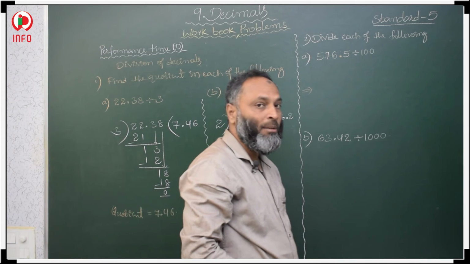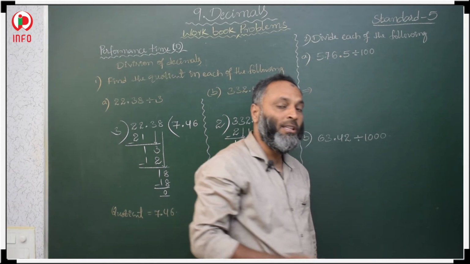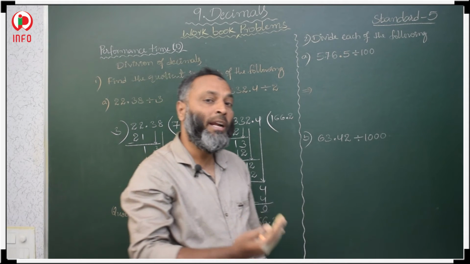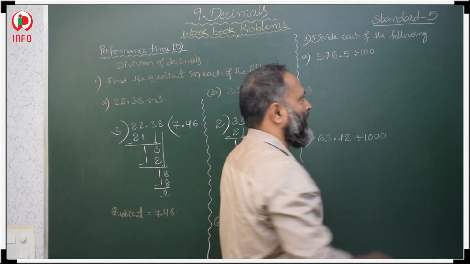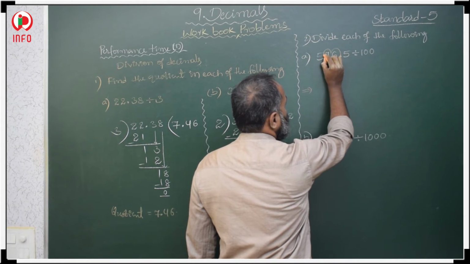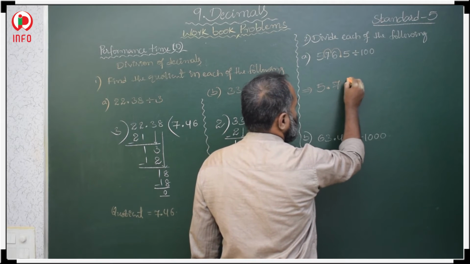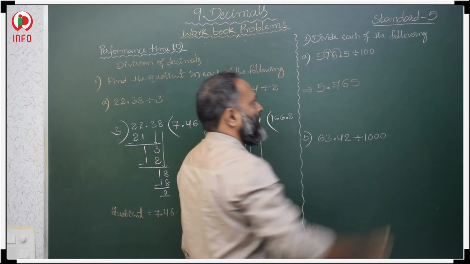In multiplication, the decimal places move left to right. In division, the decimal places move right to left. So 1 place and 2 places, that is 5.765. This is the answer.